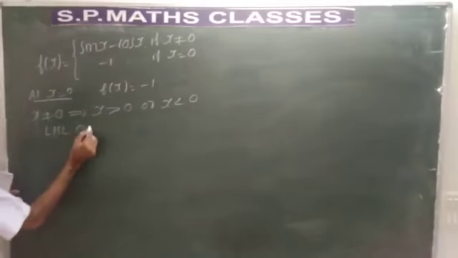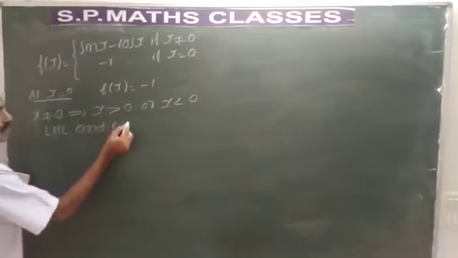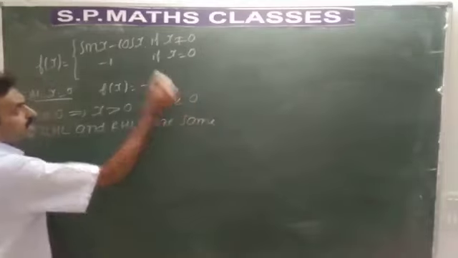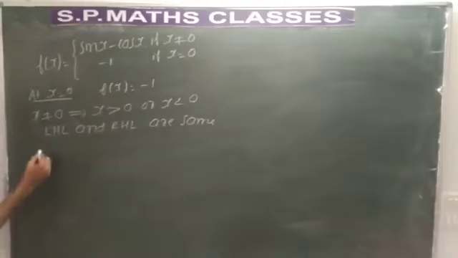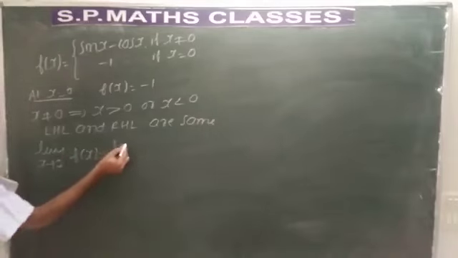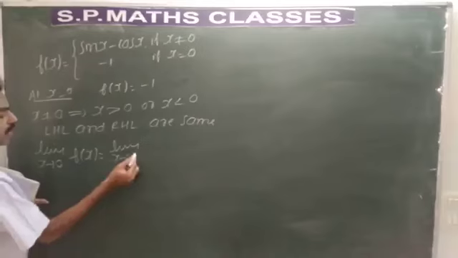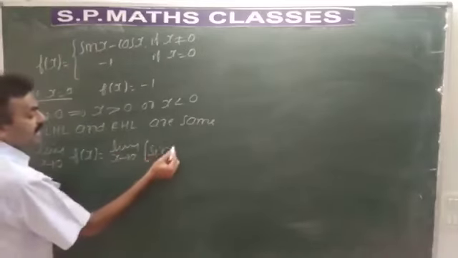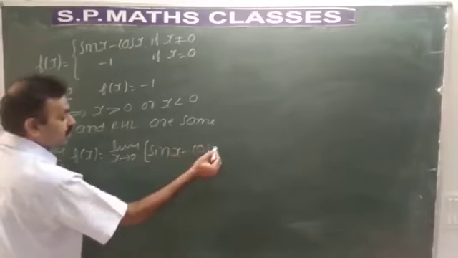Left hand limit and the right hand limit are same when x is not equal to 0. So I directly consider limit as x tends to 0 f of x. X tends to 0 means x not equal to 0. I take it as sin x minus cos x.